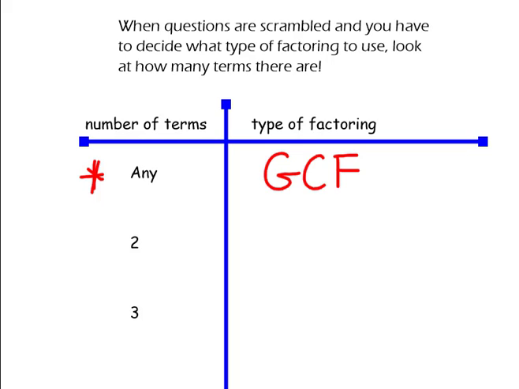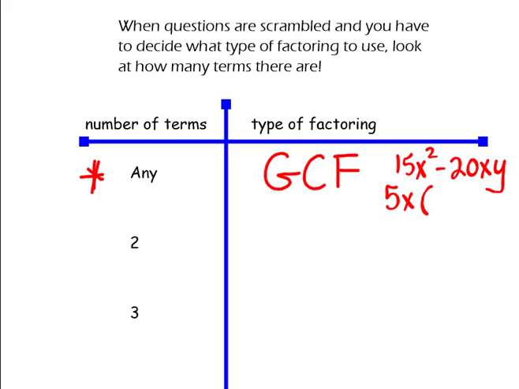And I'll do an example of the greatest common factor. So say if I had 15x squared minus 20xy. That's only 2 terms, but I'm going to look for a greatest common factor, and I can see there's a common factor of 5 and a common factor of x in both of those terms. So I'm going to factor out the 5x.